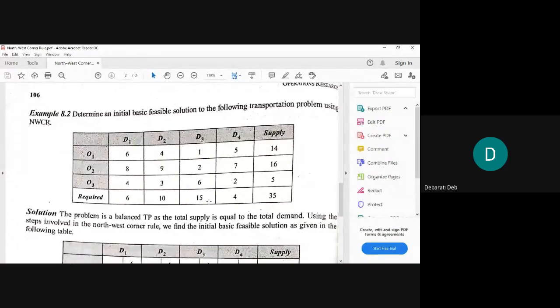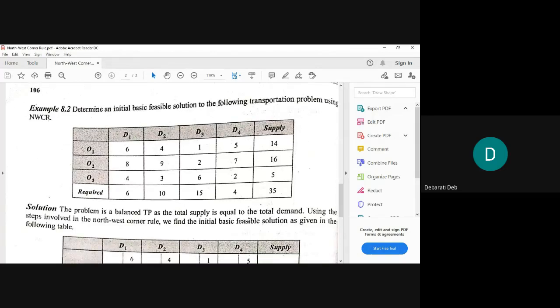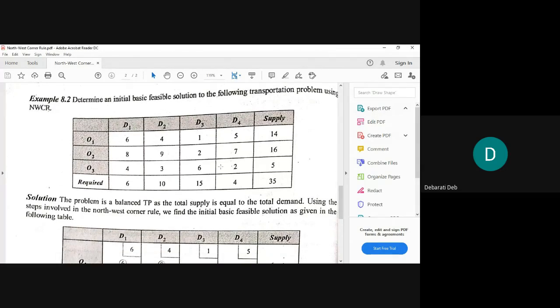Even if the numbers are given in a question, you should still add and check whether they are really correct or not. Sometimes in the question, the numbers can be printed wrongly. So you'll have to first add and check whether they are really equal or not. Okay. So here we saw that it is a balanced problem. Therefore, using the northwest corner rule, we can find the initial basic feasible solution.